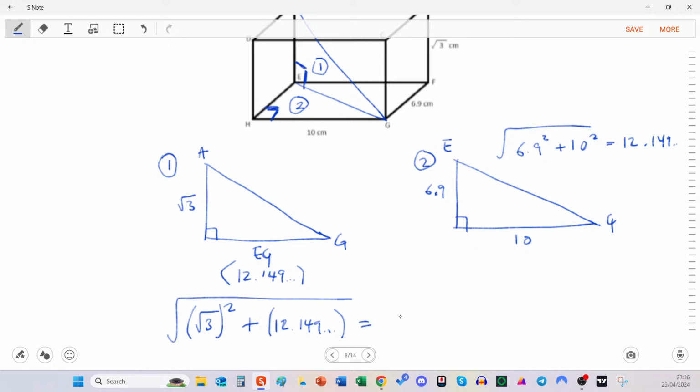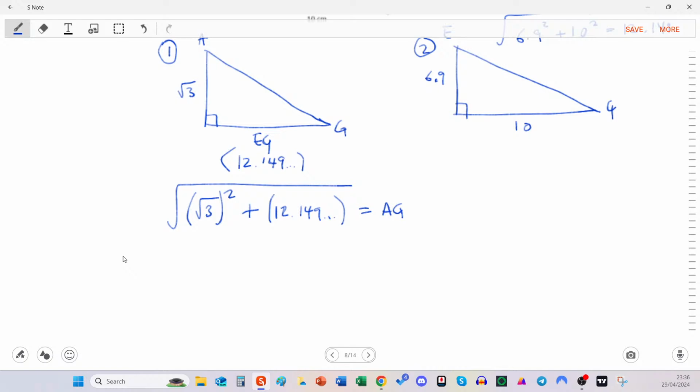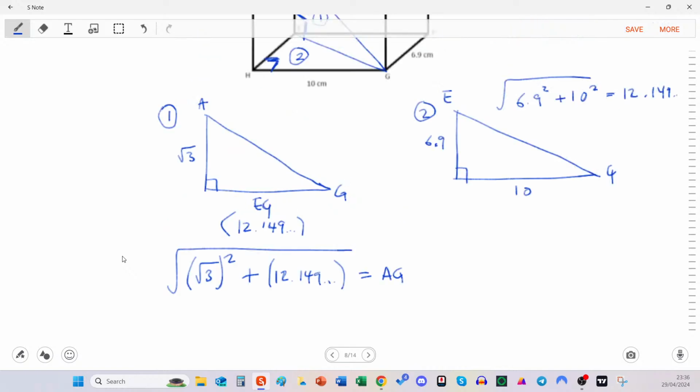Square rooted equals AG. Okay, so then finally, let me put that in the calculator. Answer squared plus, and I know that square root of 3 squared is just 3, so I'm going to write answer squared plus 3.